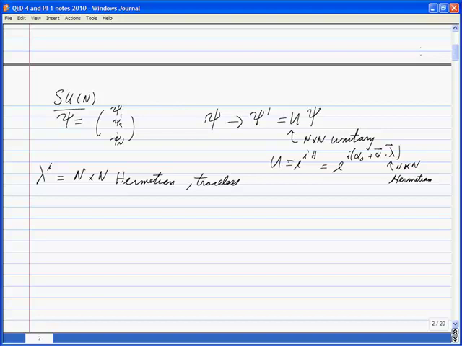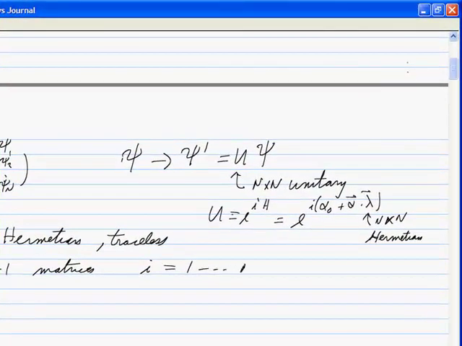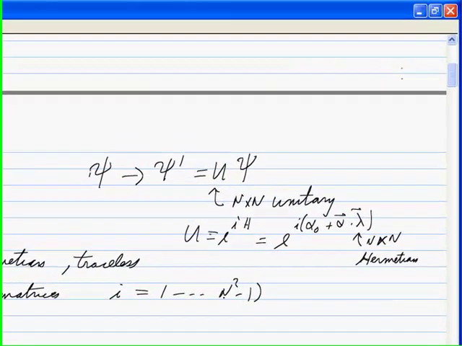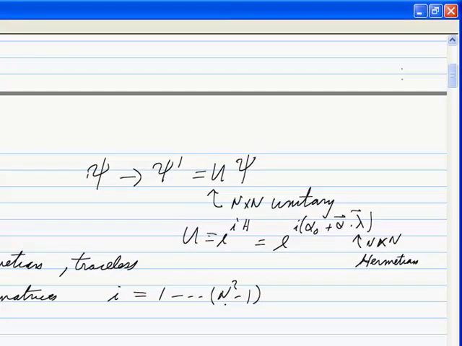If you do the counting, there's N squared minus one of them. There's N squared Hermitian matrices, and then the trace removes one of them. So i runs from 1 up to N squared minus 1. There's not too much that you need to know about it.